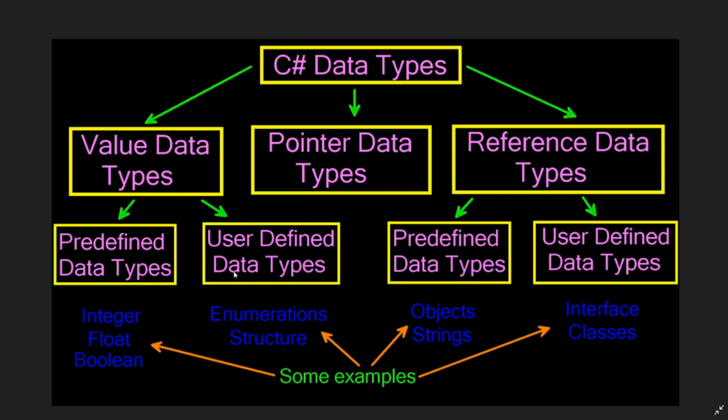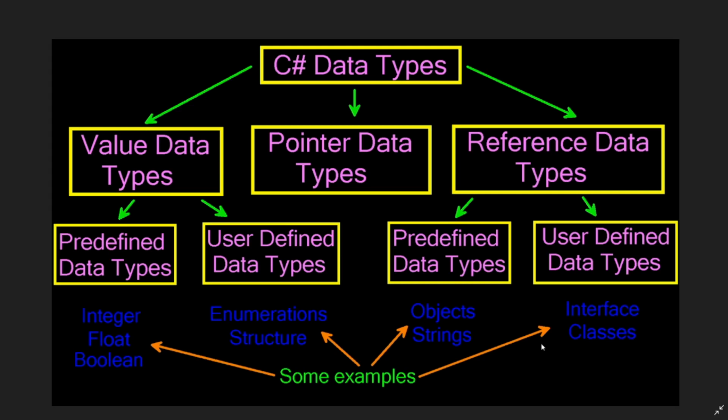As user-defined data types, we have enumerations and structures. About reference data types, as predefined data types, objects and strings, and as user-defined data types, interfaces and classes.